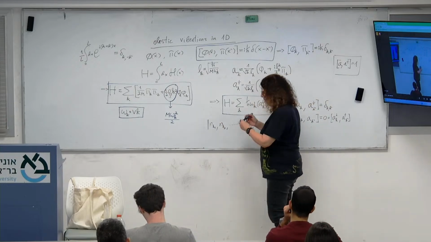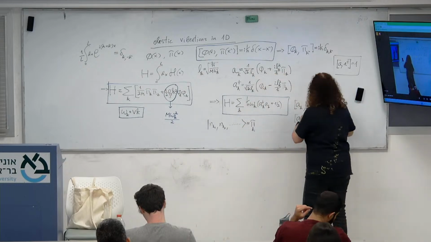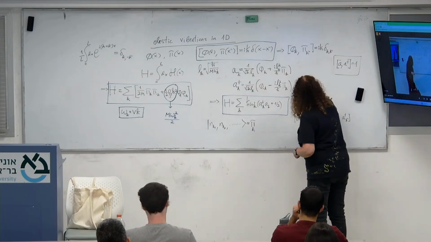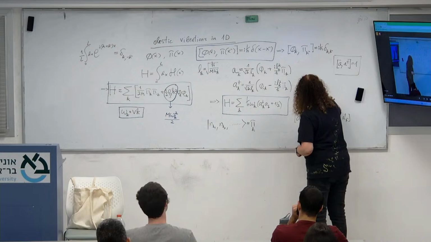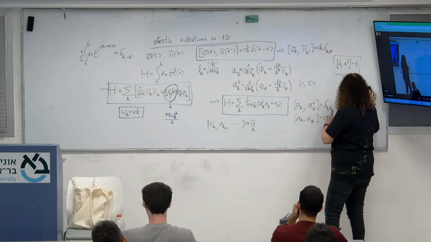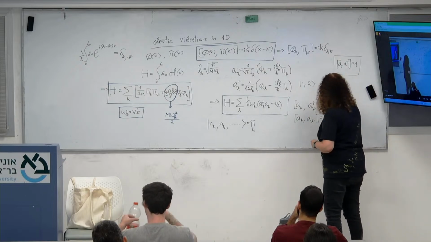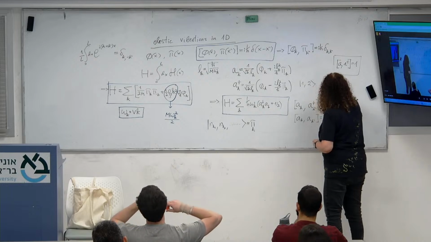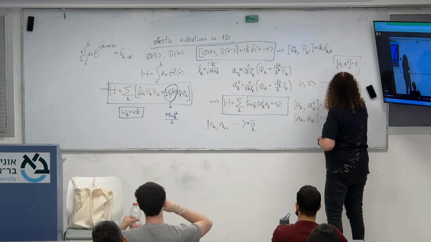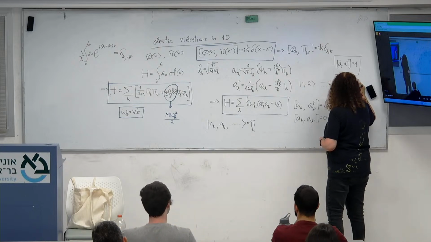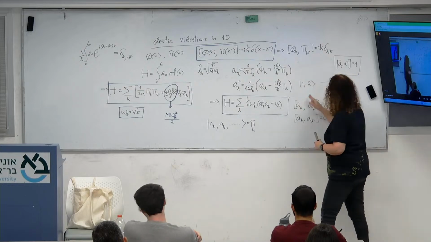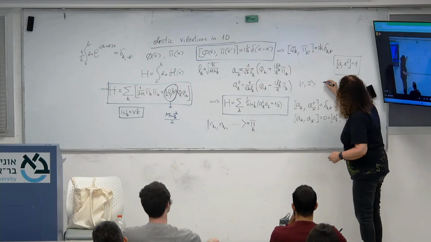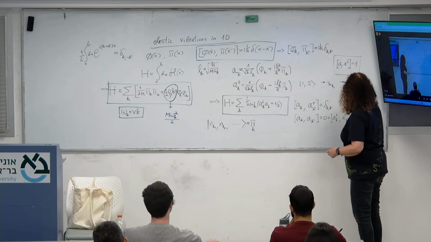So let me give you a simple example. If I'm writing a state like this, okay, so I have h bar omega k1 and h bar omega k2, and I have a state where here I put 1 particle and here I have 2.